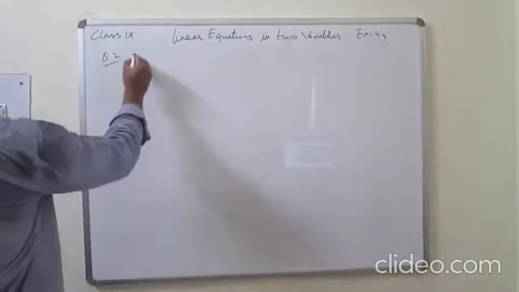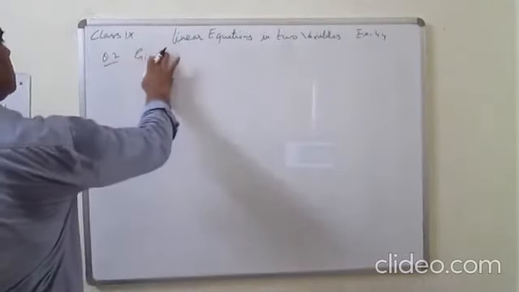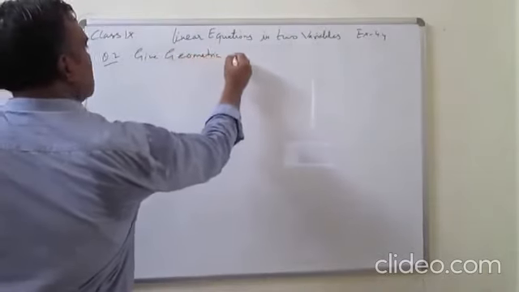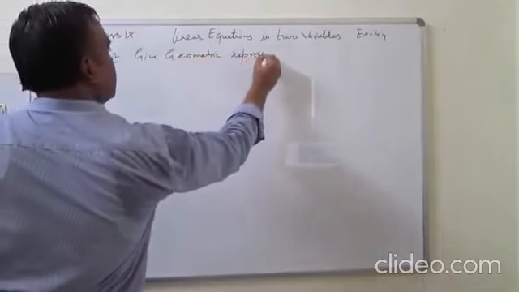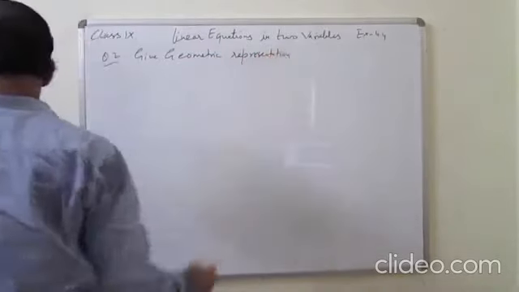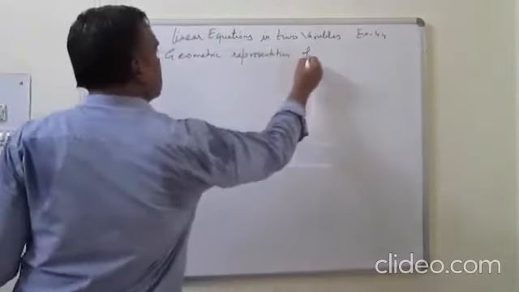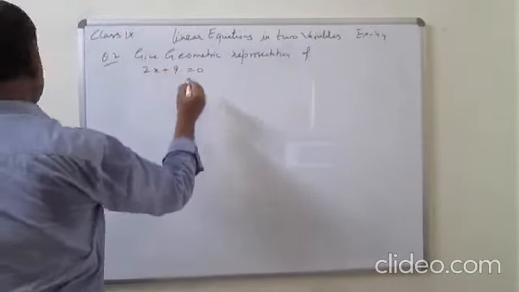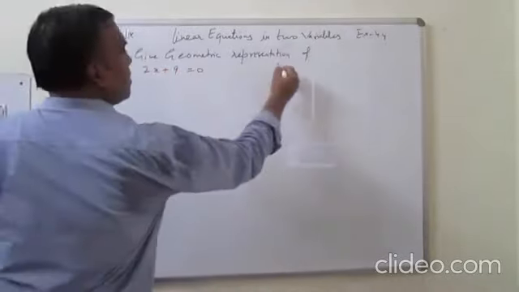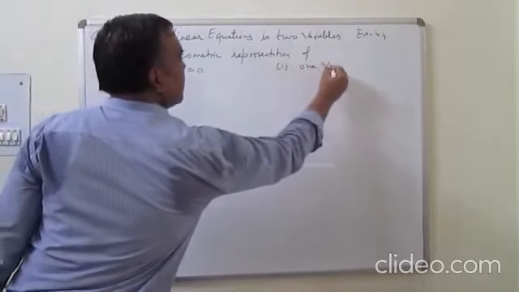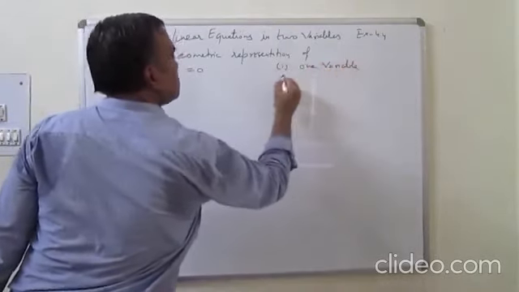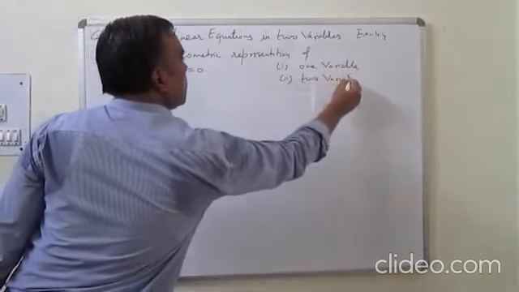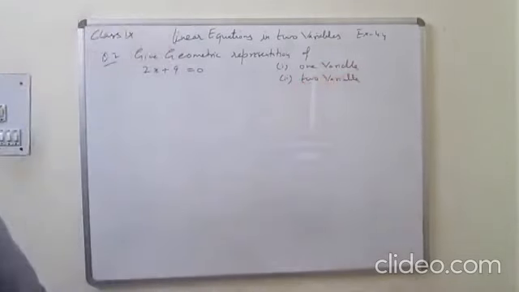Give the geometric representation of the given equation 2x plus 9 is equal to 0, first in one variable, second in two variables.